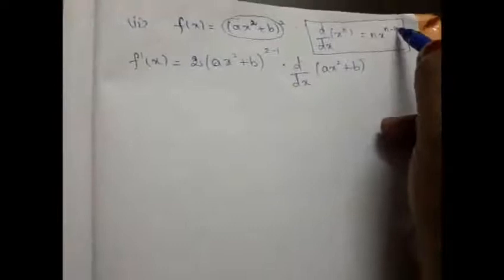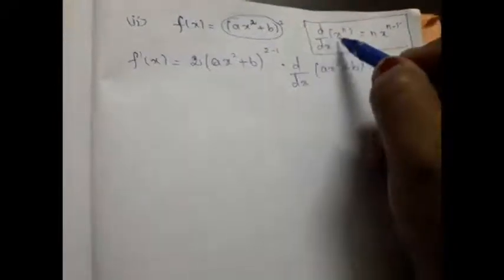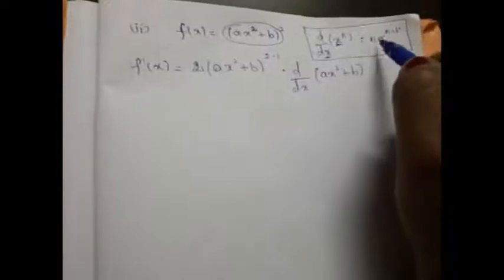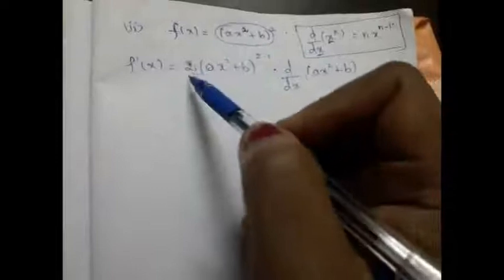Our formula is d by dx of x power n is n into x power n minus 1, when you are differentiating the function x with respect to x. If you have the same variable, then it is simply n into x power n minus 1. But here we are going to differentiate with respect to x, but it is a complex function. It is not simply x.